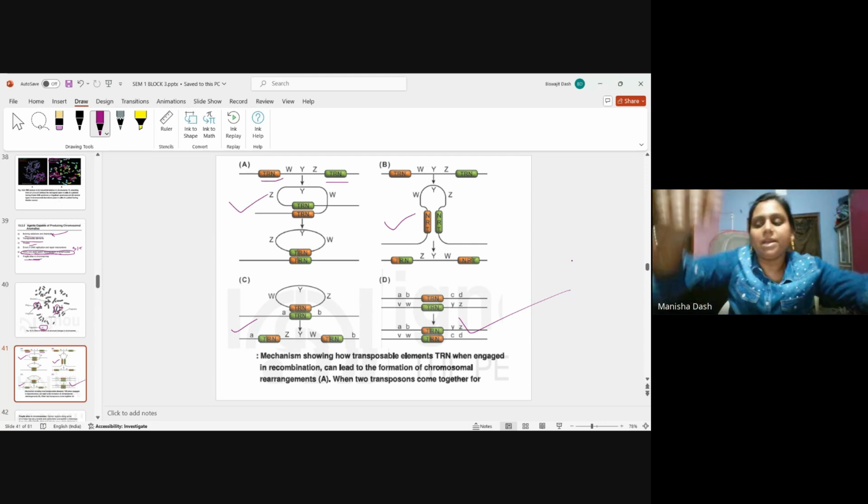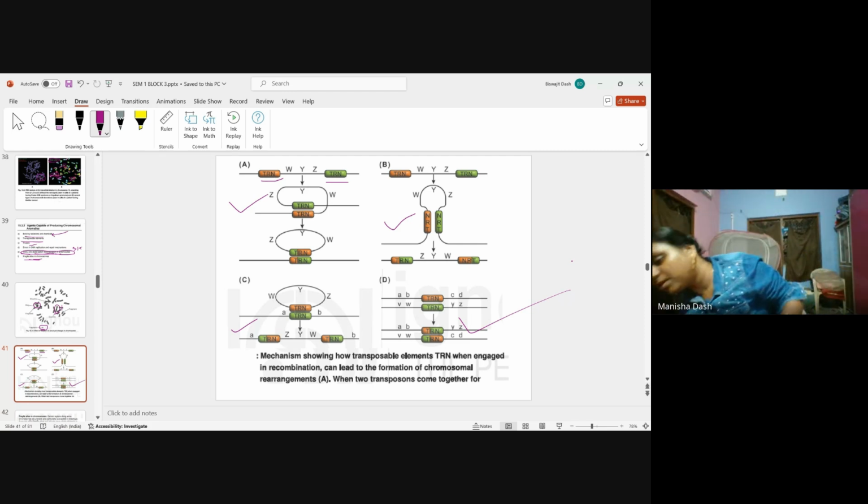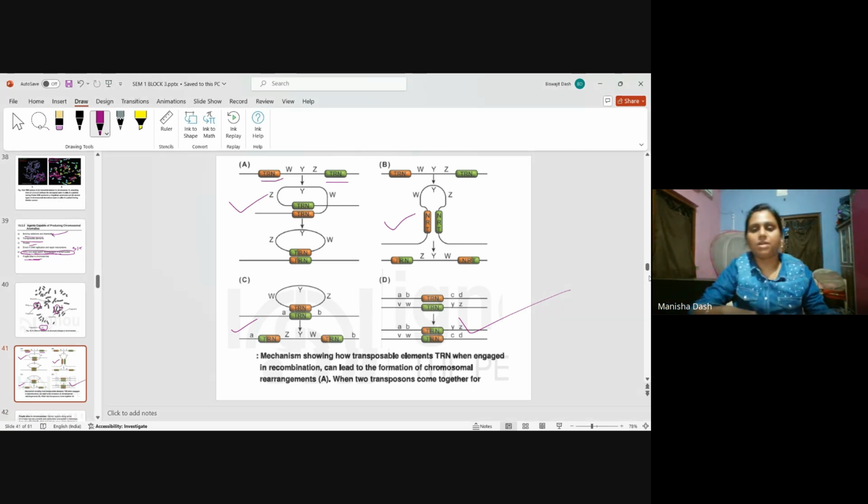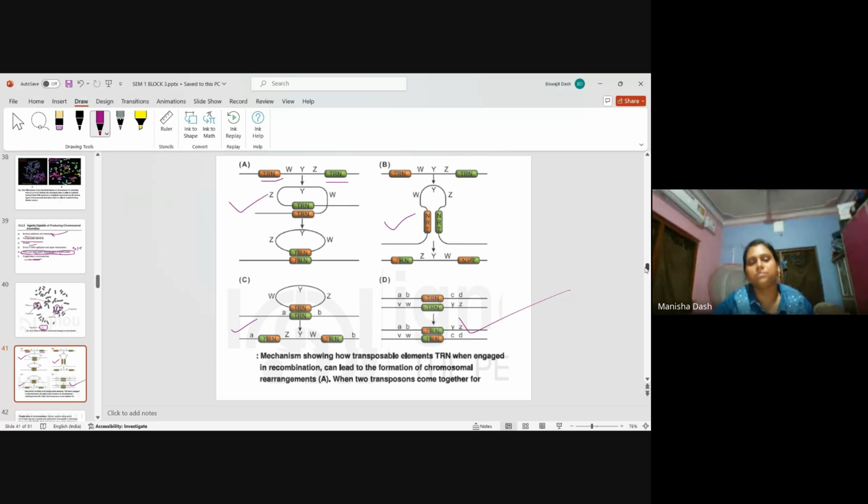So how exactly is it done? If we look carefully, in the first case you can observe a deletion of a segment of the chromosome. This is the normal chromosome having WYZ, and these are the transposons at both the terminal sites.